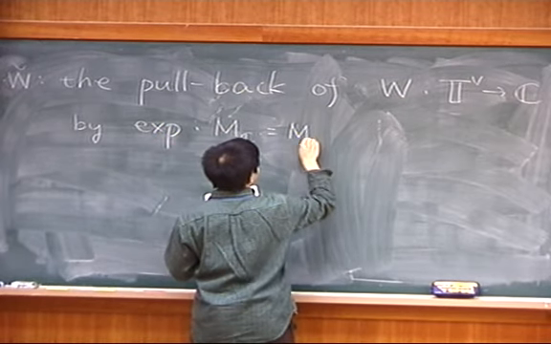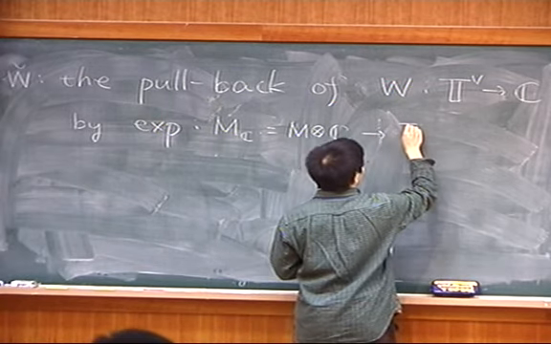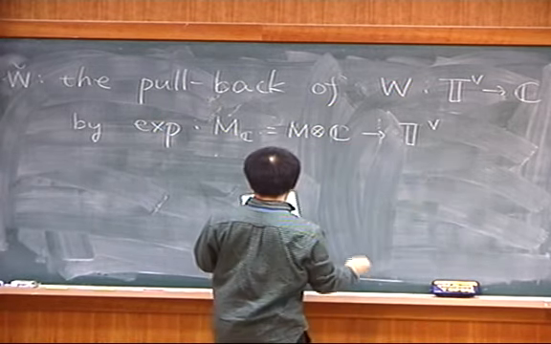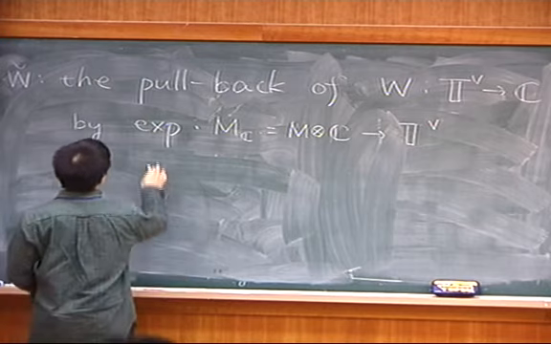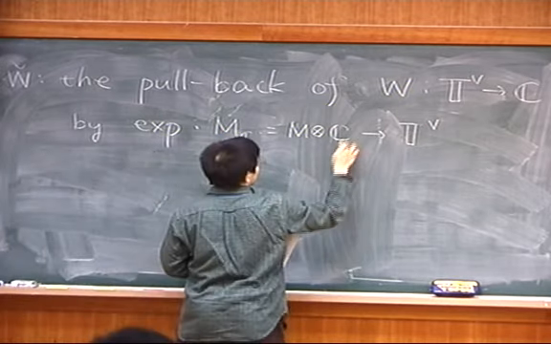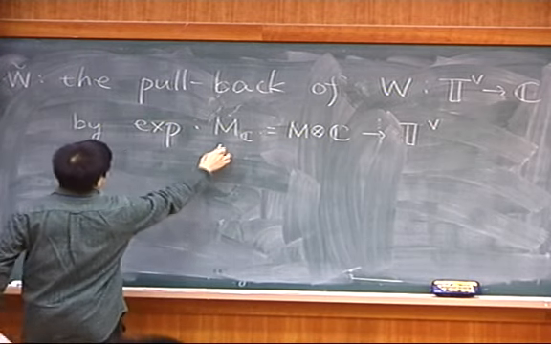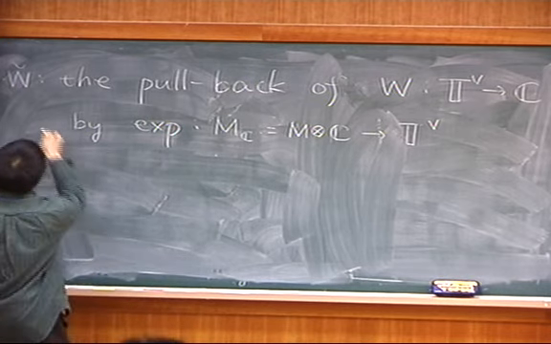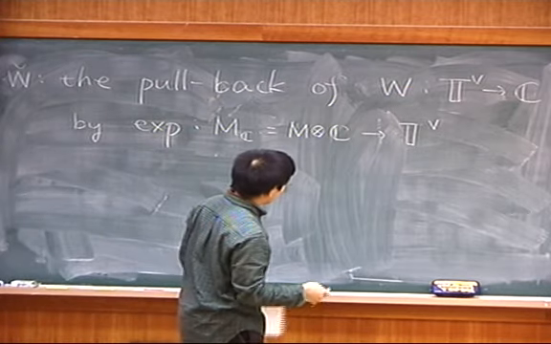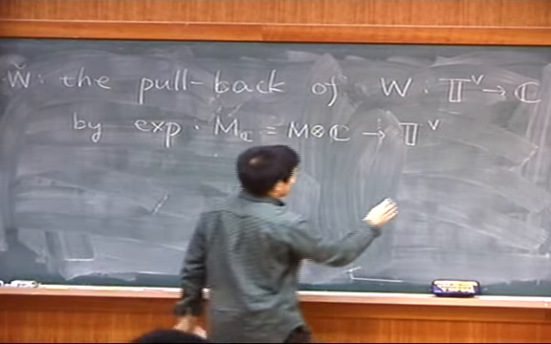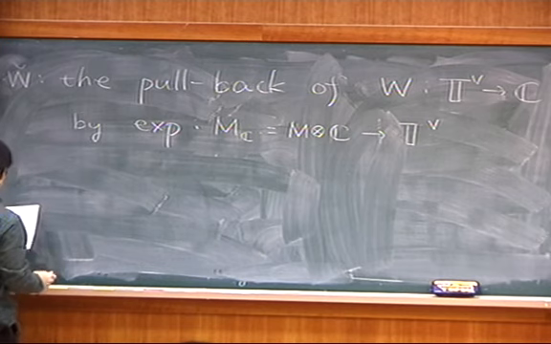let me call this M_C, there's an exponential map from here to here, and so by pulling back W by this map, we get a function on M_C, and we can talk about the Fukaya-Seidel category of W tilde. Although W tilde has infinitely many critical points, it doesn't cause any problem, and we can define the Fukaya-Seidel category of W tilde.